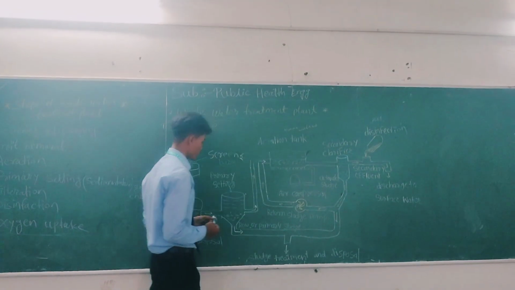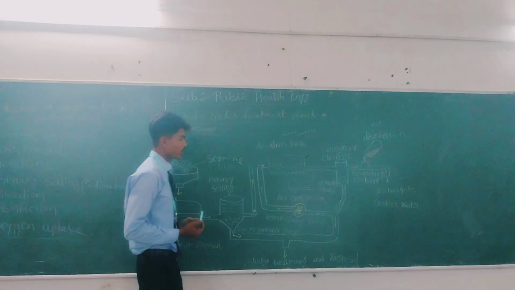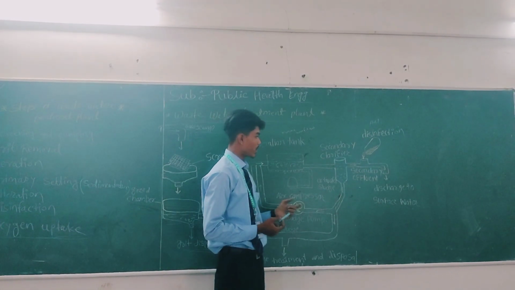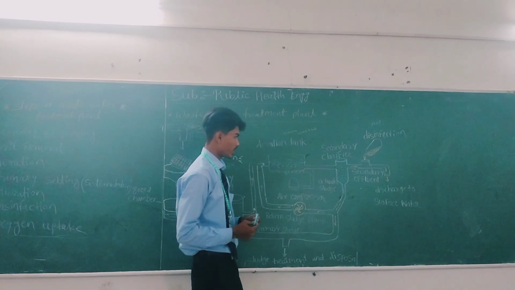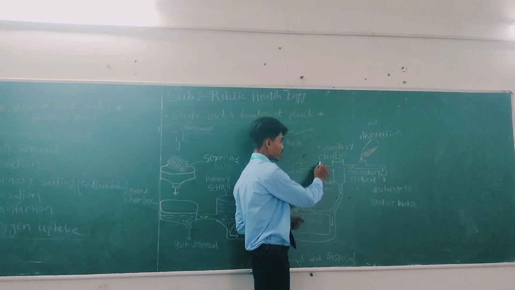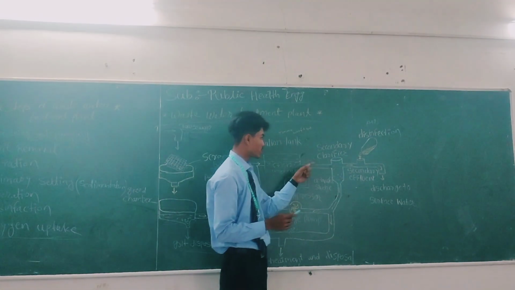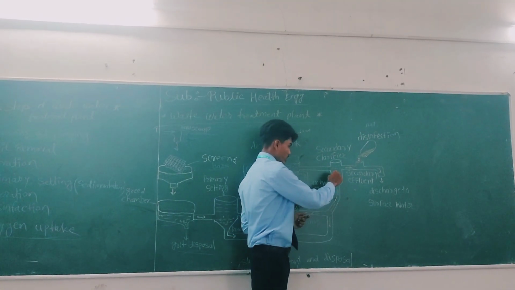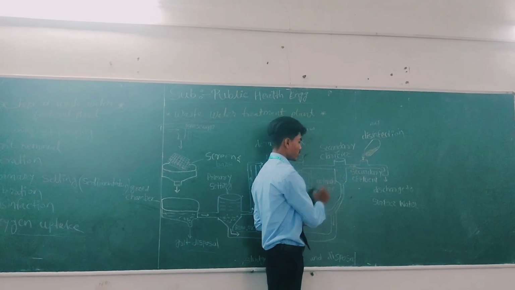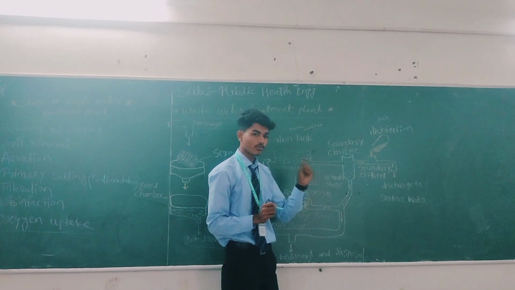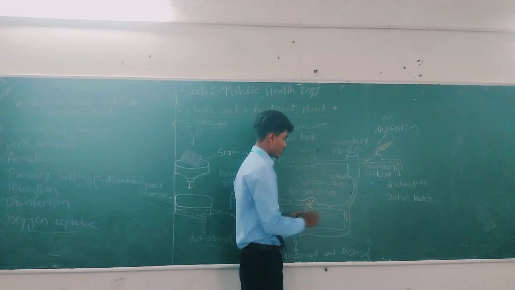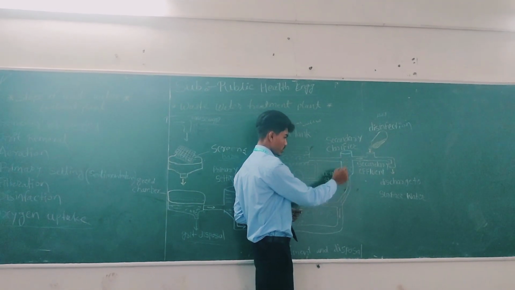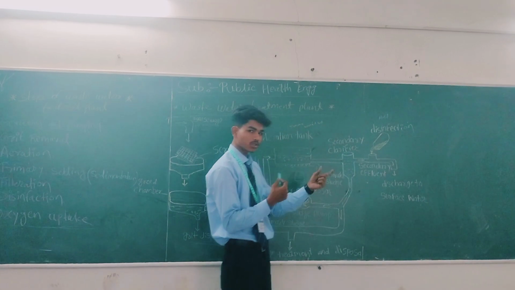The process of the primary settling tank and the secondary settling tank is the same. In the secondary settling tank, the small particles of waste settle down to the bottom portion and convert into sludge.